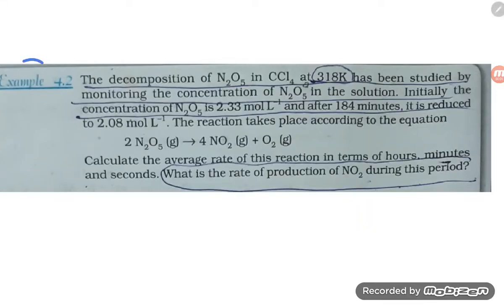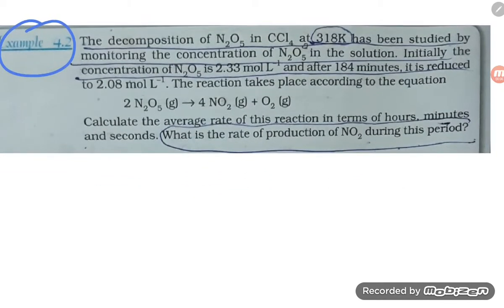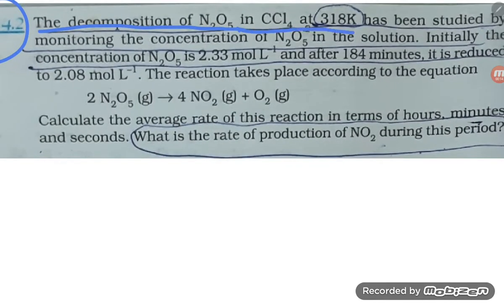Hello students, now let us see example number 4.2 from the NCERT textbook from chemical kinetics. What the question is saying: the decomposition of N2O5 in CCl4 at 318 Kelvin has been studied by monitoring the concentration of N2O5 in the solution.